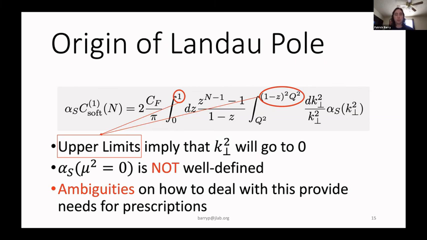Just to ask it a different way, if you had an alpha S that's saturated, is there any reason in principle why you couldn't use it, or is there something in the framework that you're employing that prevents you from using a saturating alpha S? Just in our codes, this alpha S appears in many places, so we would have to change that alpha S, and in principle, I think it could be done.